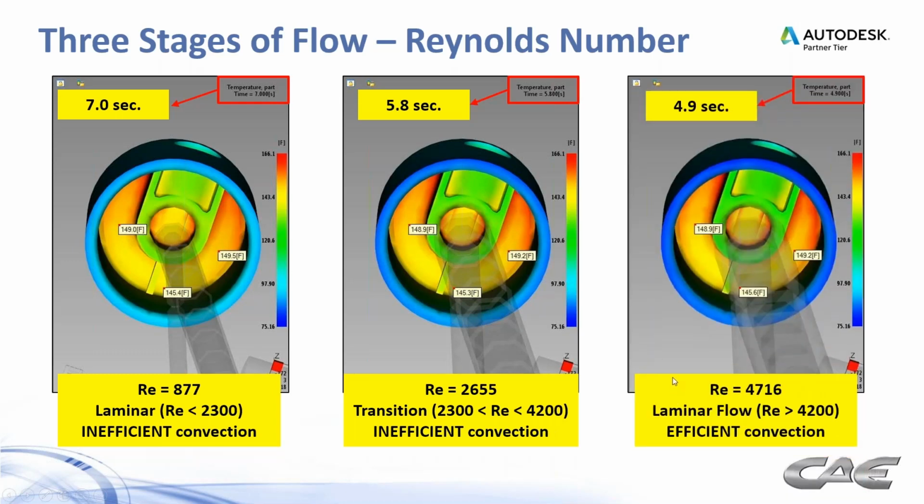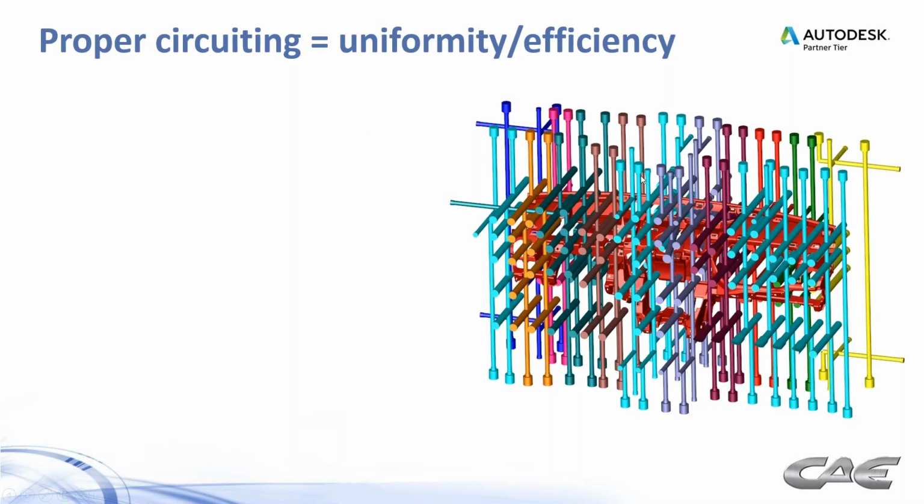And then when we went full turbulent, again, that should say turbulent flow, we were able to get it down to 4.9 seconds. So if you do all the math on that and calculate return on investment and so forth, we came up with about $183,000 in savings for that particular mold per year. So that's turbulent versus laminar flow.